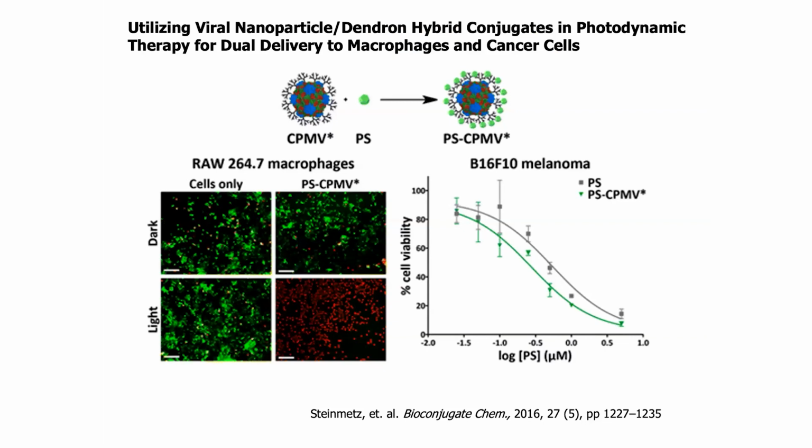In this paper that we published, we showed that the modification of the CPMV with dendrons results in a high loading of the drug, represented by PS, and then showing a high cell mortality or destruction with the presence of the modified dendron surface.